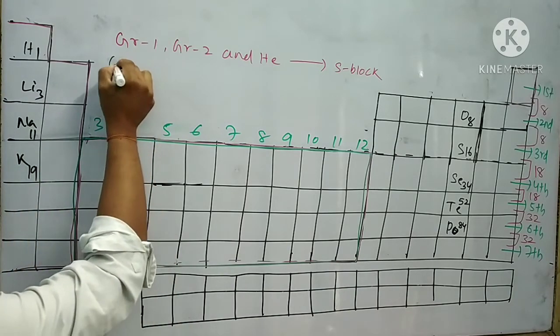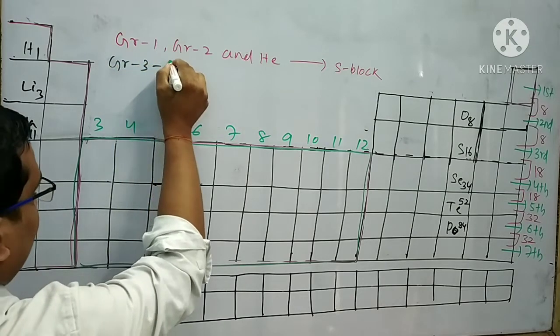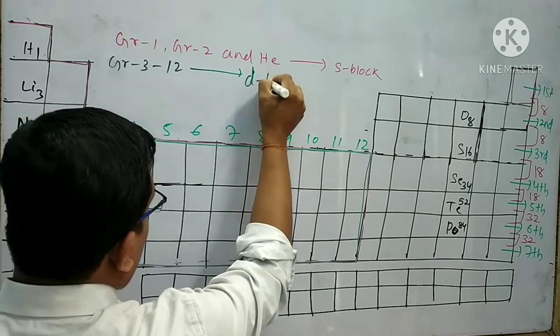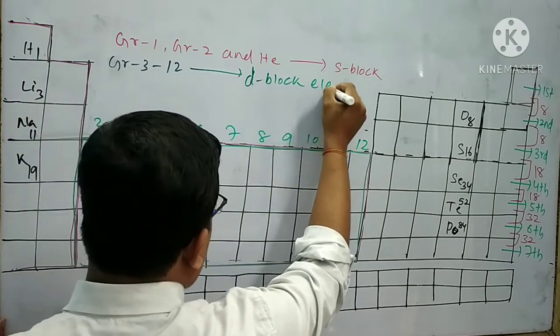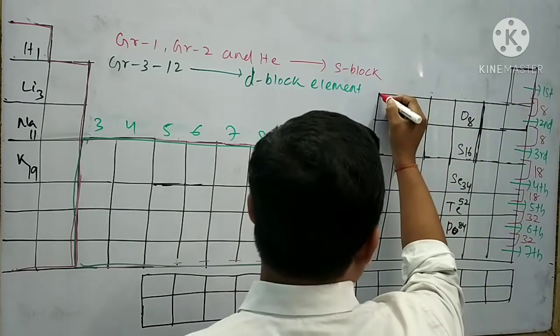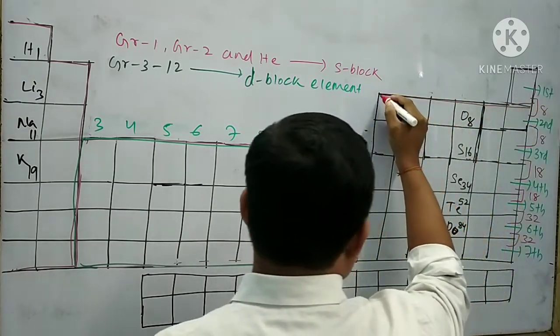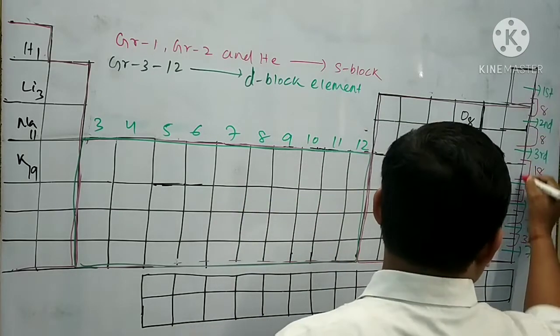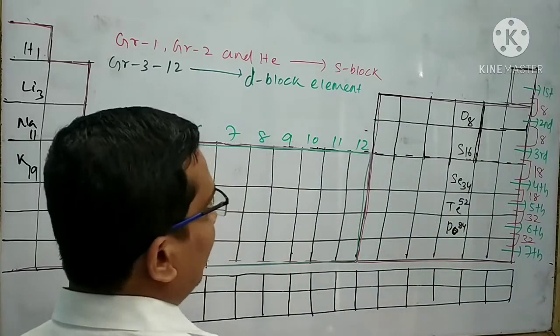So you can write group 3 to 12 elements are called D block elements. Except helium, the elements present in group 13 to 18 are called P block elements.